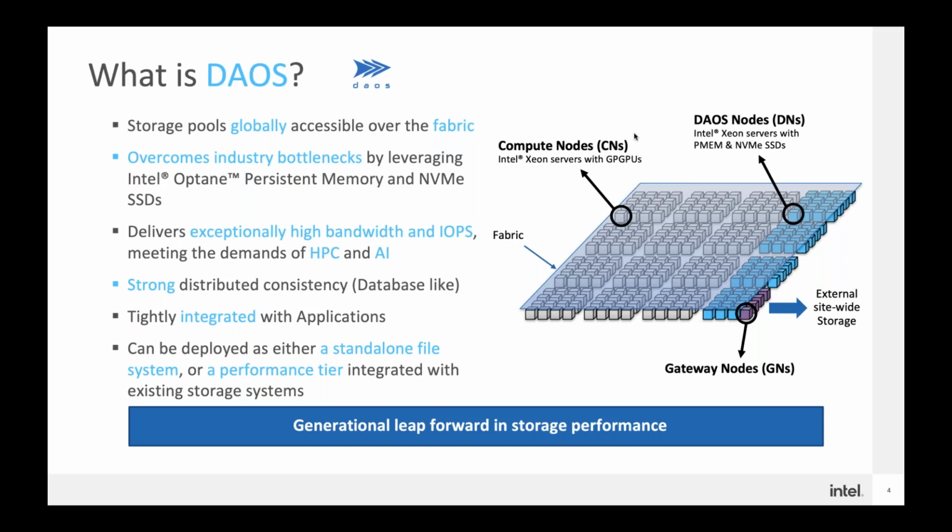We also looked into AI frameworks and realized that they're very different compared with the traditional HPC workload. First of all, they do a lot of reads. More particularly, different phases of AI might have different I/O workloads.